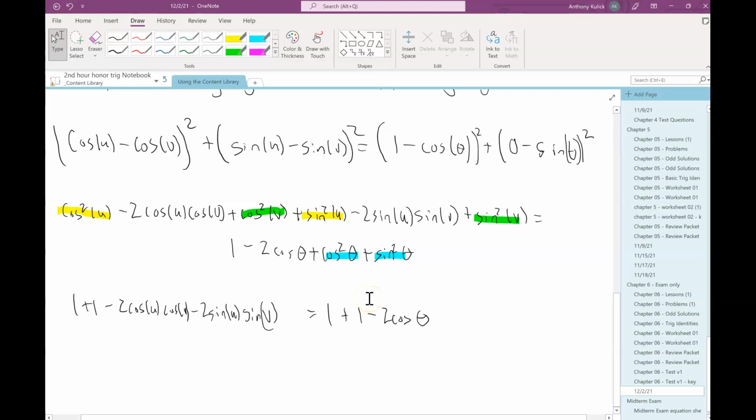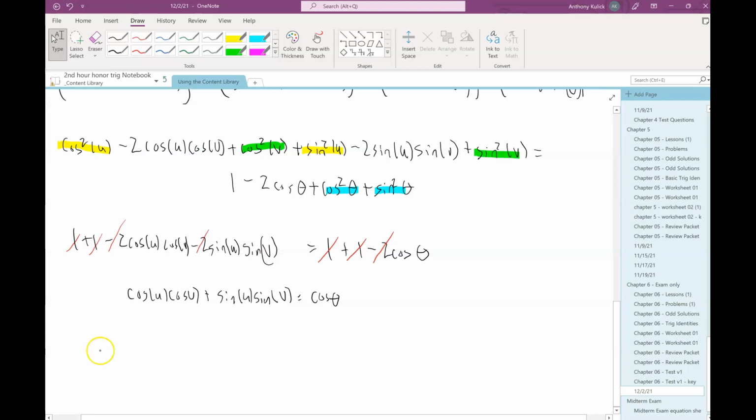Okay, so far so good. If I subtract 1 from each side, and I do that 2 times, those can cancel out. If I divide both sides by -2, those will cancel out. So I'm left with cosine u times cosine v plus sine u times sine v is equal to cosine theta.